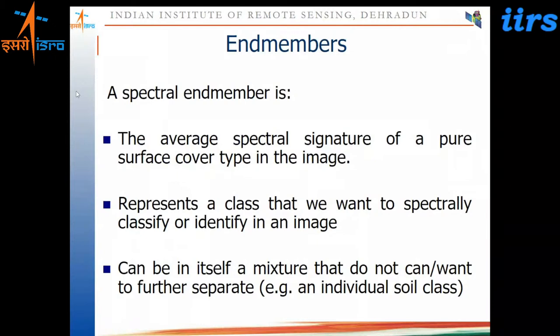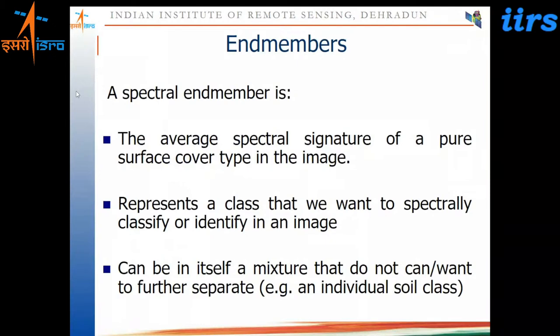So either we have an average spectral signature of the pure surface cover type present in the image, or we want to represent or classify a class present in the image, or it can be a mixture of two classes that we cannot separate or do not want to separate.